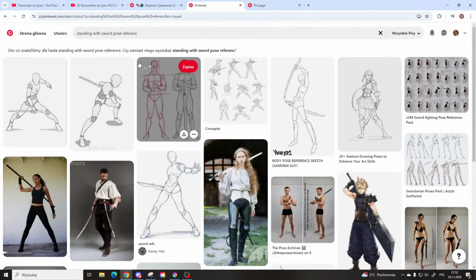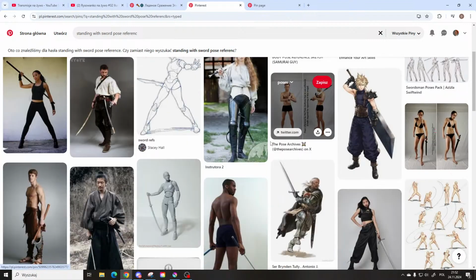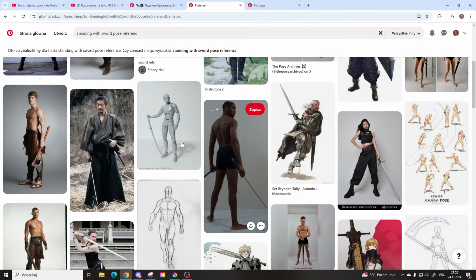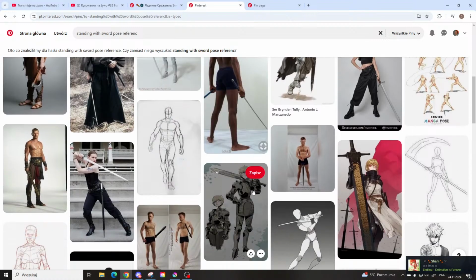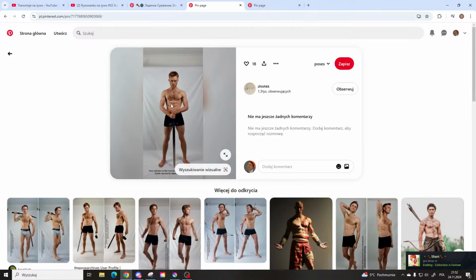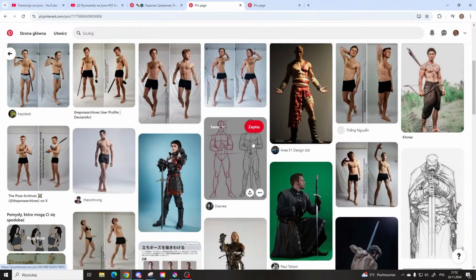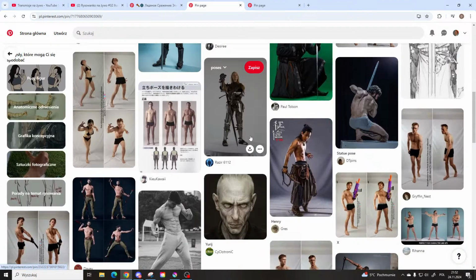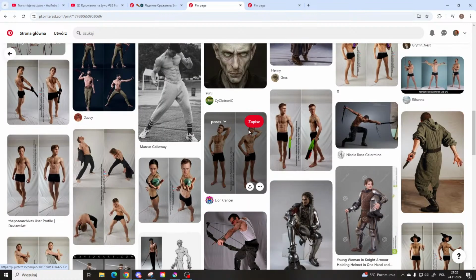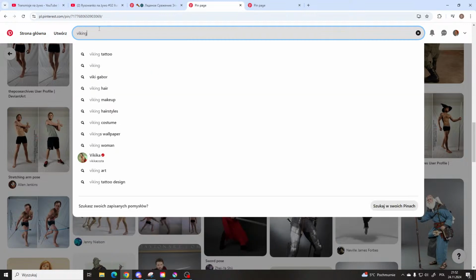Even if I change it to an axe, it would probably be easier to find a pose with someone who already has something in their hands. Something like this, but this sucks. This guy is not that muscular and his sword is small. I need this giant guy standing, maybe Vikings with sword.